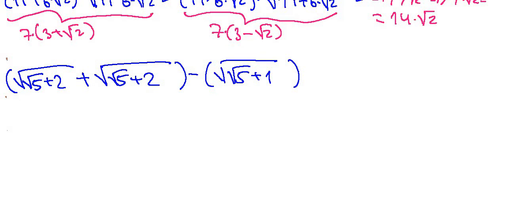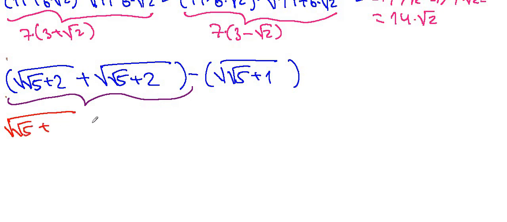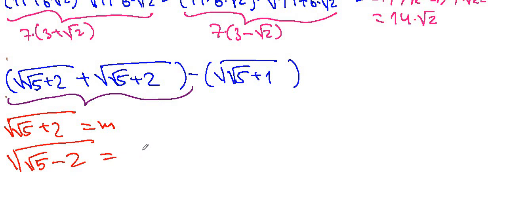So now I'm trying to calculate these two expressions. Let's set that the square root of 5 plus 2 is equal to m, and the square root of 5 minus 2 is equal to n.